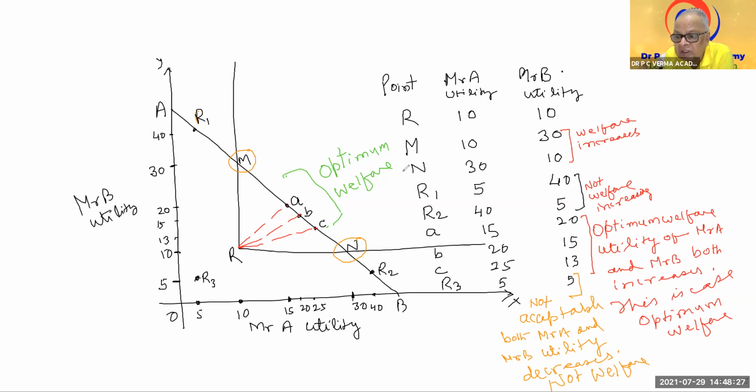Any change in society that leads to an increase in the utility of all, where not even a single person is adversely affected.